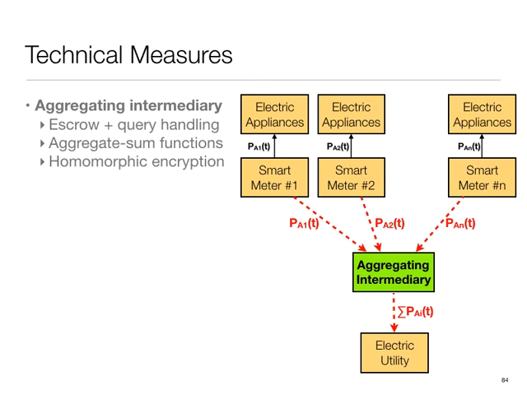So what can we do? Just to show you how this problem can be looked at in multiple different ways, one way is to say the following: maybe there is an intermediary, an aggregator, which we all trust.